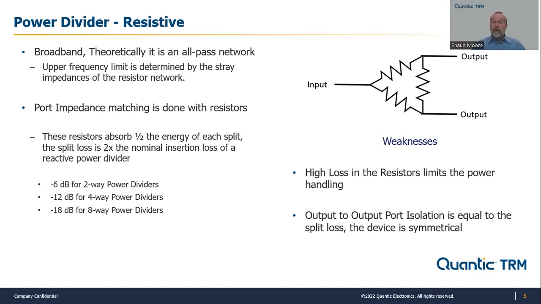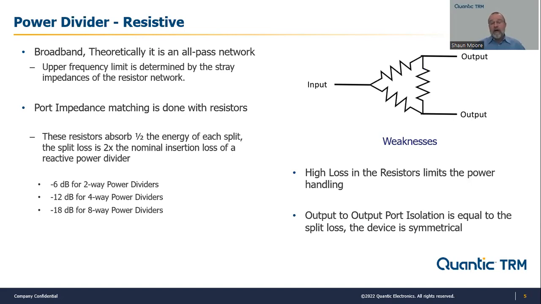Now, the beauty of this is that it is theoretically very broadbanded. By design, this is what we call an all-pass network, which means that it will have this impedance transformation across all frequencies. The downside, though, is that this will have twice the insertion loss as the split loss. Therefore, for a two-way resistive power divider, you're going to have 6 dB worth of insertion loss through it.